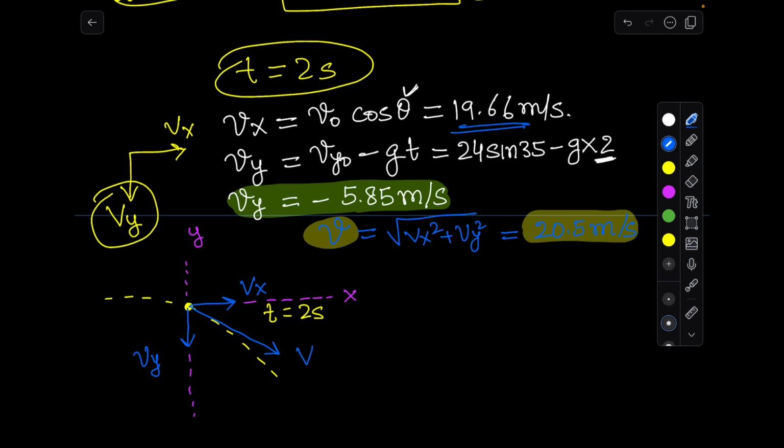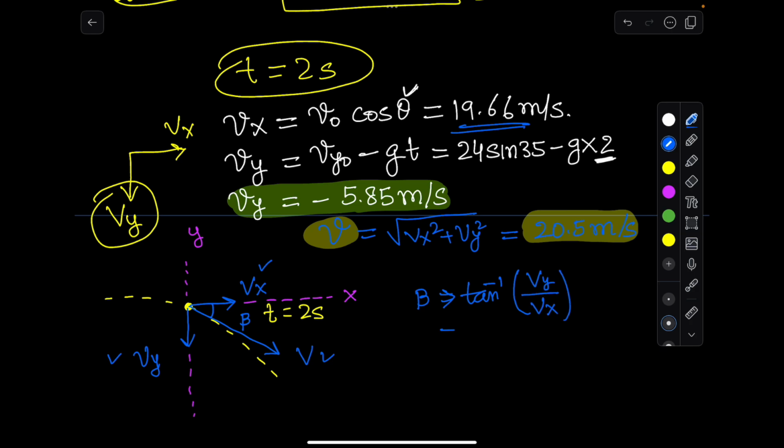So guys, we have the information Vx, Vy and V, so we can use it to find this angle. Suppose I will say this is the beta angle. We can find this beta angle easily using tan inverse of Vy upon Vx.